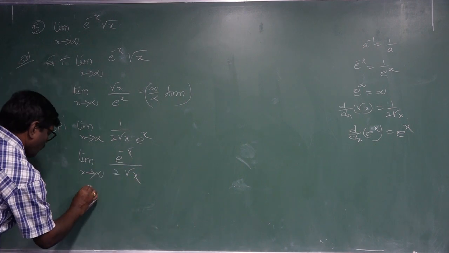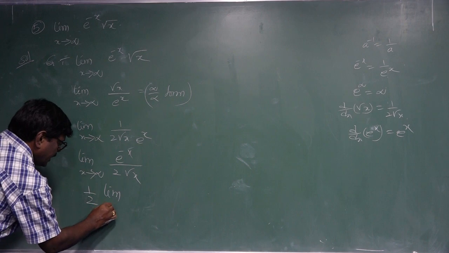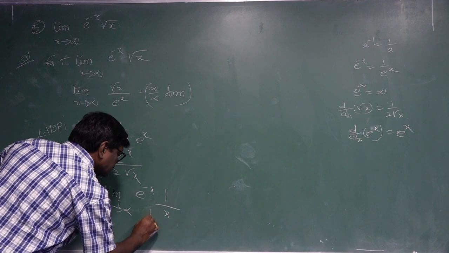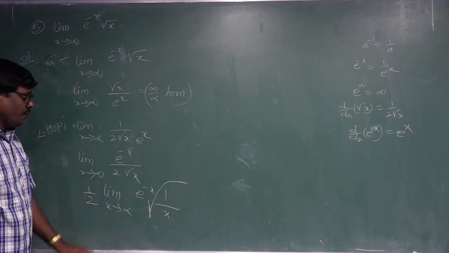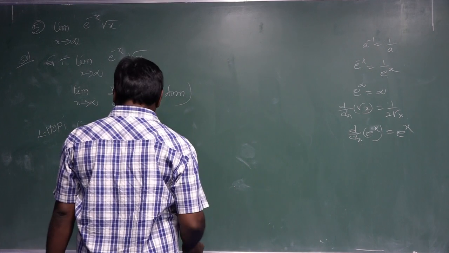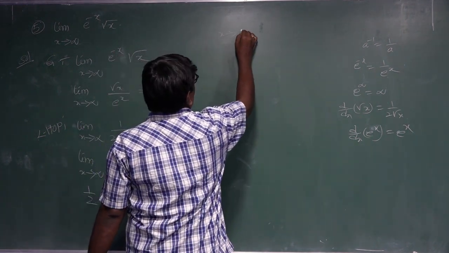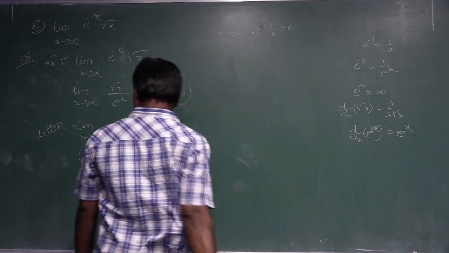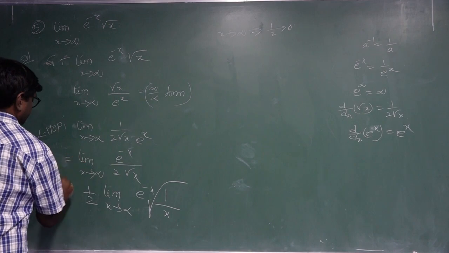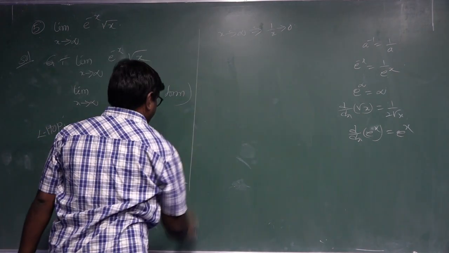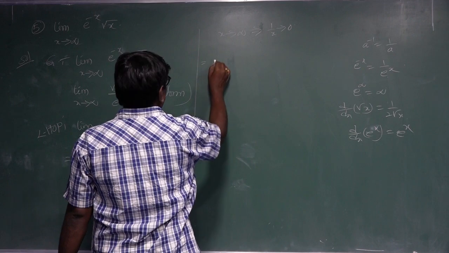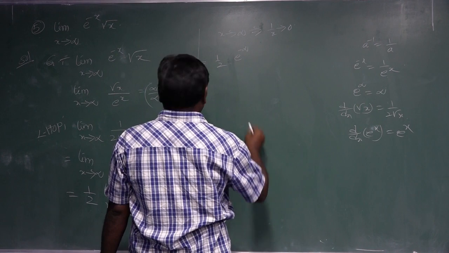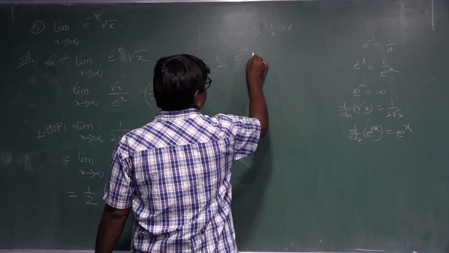Take the common 1 by 2 into limit x tends to infinity e power of minus x into 1 by root x. Any doubt on this? The limit applied: x tends to infinity implies 1 by x tends to 0. This equals 1 by 2 into e power of minus infinity, which is 0, into 1 by x, equal to 0.